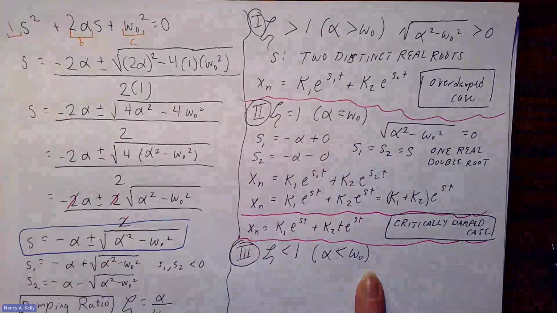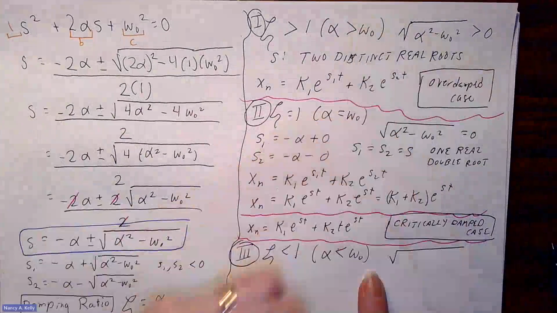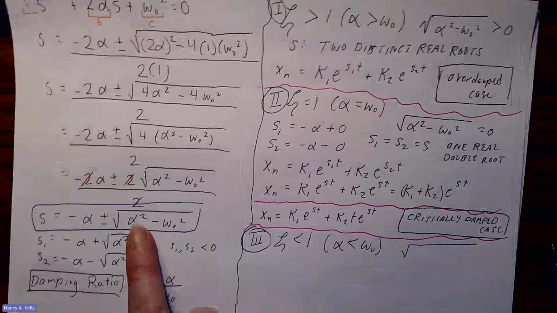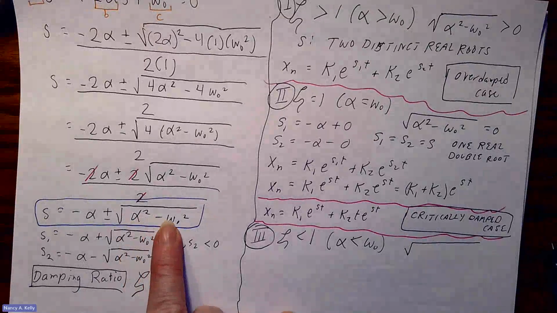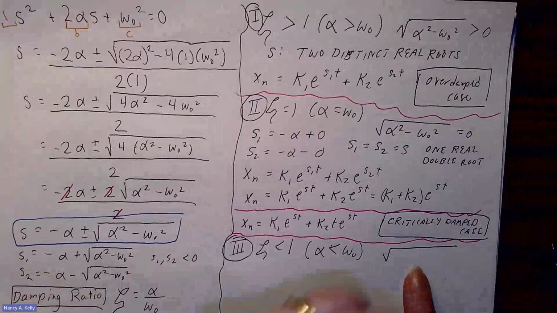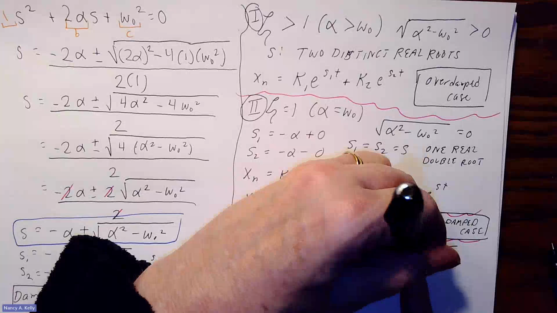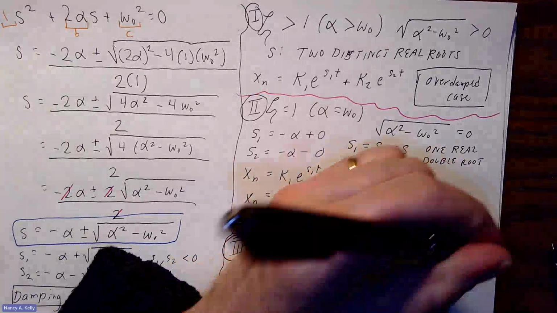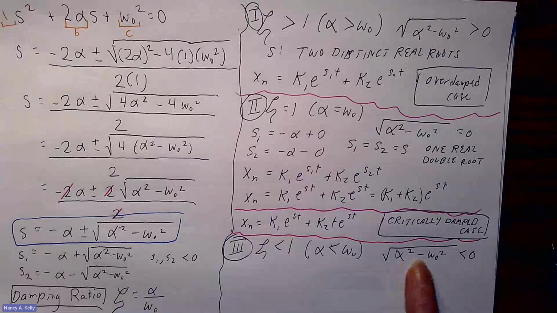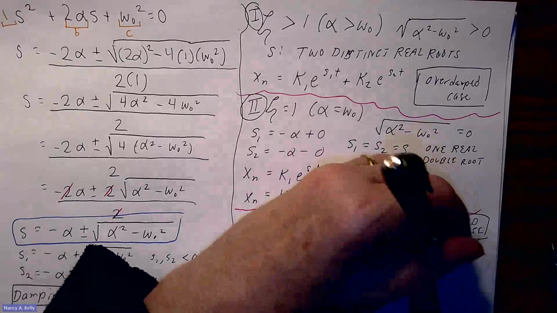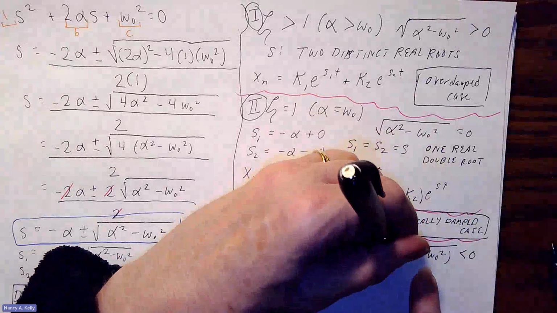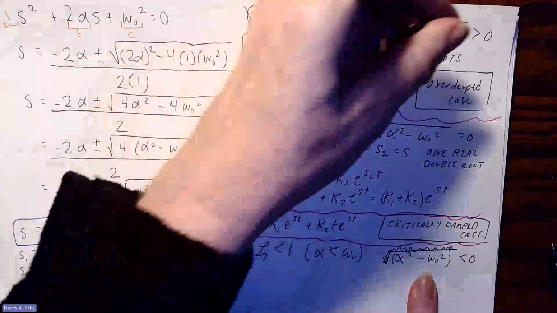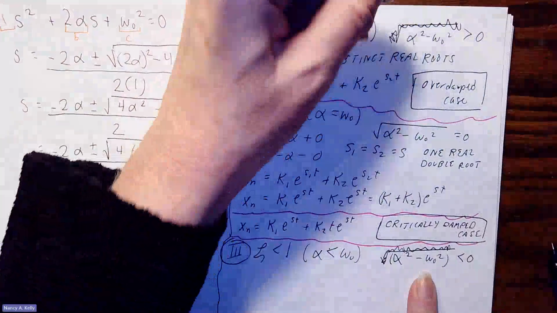And that also means that the quantity under the radical in the expression for S, which we have over here, alpha squared minus omega 0 squared, is going to be less than 0. Actually, I probably shouldn't have the radical sign here at all. Sorry about that, that's kind of unclear. I should just put it like that.